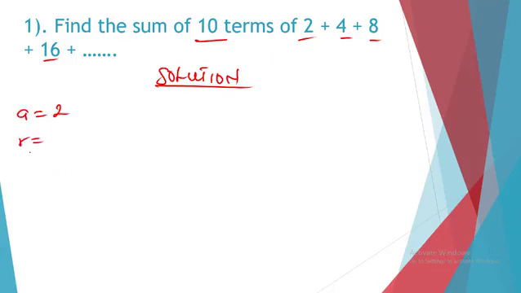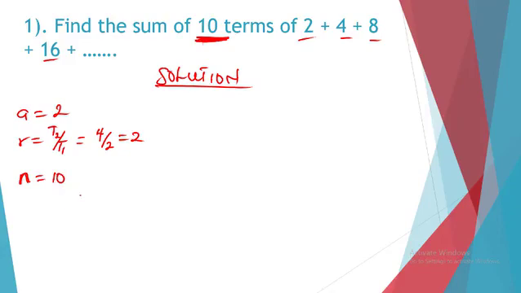We determine our r, which is T2 divided by T1, that is 4 divided by 2, which is equal to 2. So our r is equal to 2. Our n is equal to 10 from the question, the 10th term.